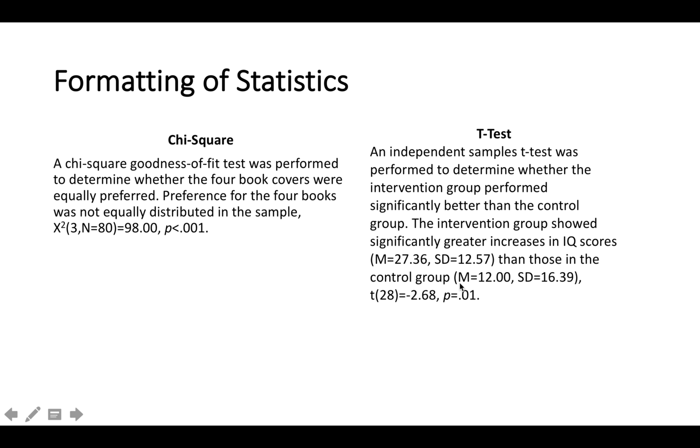Then those in the control group, mean, standard deviation, comma, t, degrees of freedom, equals the value to 2 decimal places, comma, p-value, p is italicized, equals whatever p equals, unless it's less than 0.001.